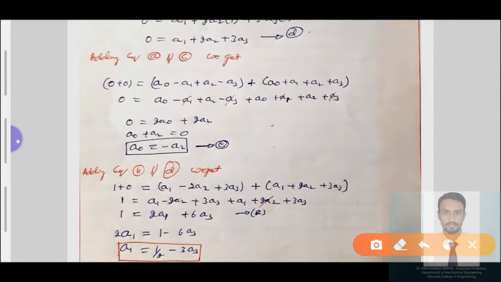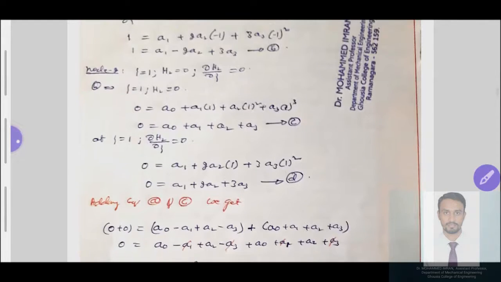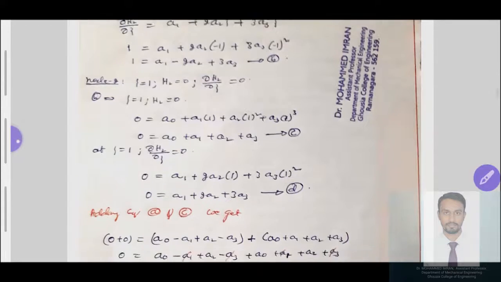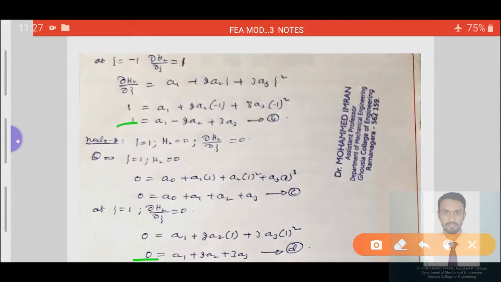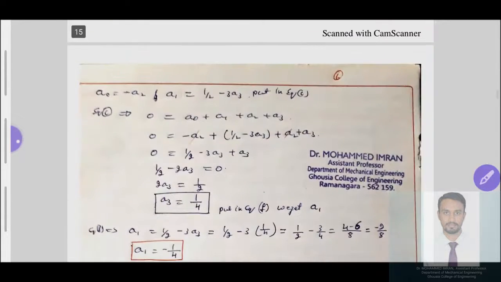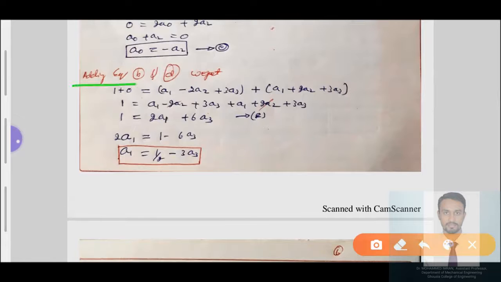Similarly, equations number B and D remain. Adding equation number B and D, which have 3 unknown characteristics, when we add, we get 1 plus 0. So 1 plus 0 is equal to a1 minus 2a2 plus 3a3 plus a1 plus 2a2 plus 3a3.